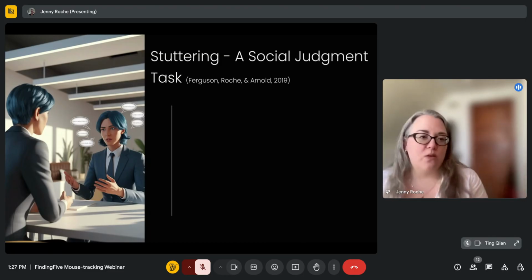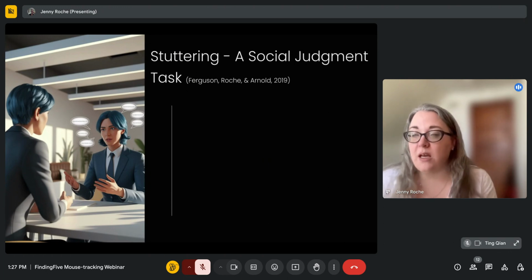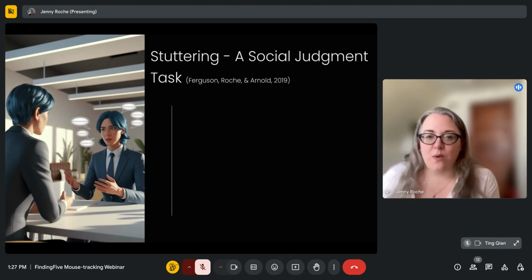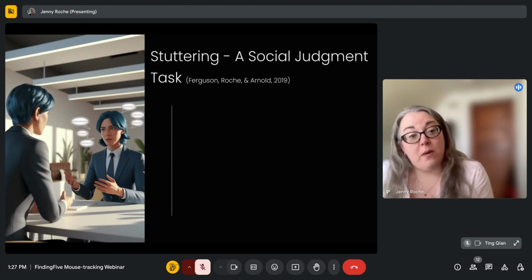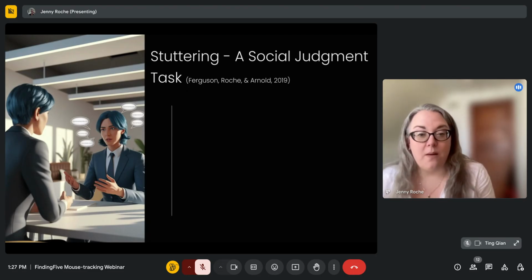There's a ton of data, 10 years worth of data saying, when you listen to stuttered speech from someone, people will rate them as less intelligent, nervous, less friendly, lots of different social categories. And so what we wanted to do is take some of these survey-based methods that they've used to assess social judgments about people who stutter and put it in a mouse tracking paradigm to see, well, I don't know, is there any way we can get people to stop doing this? Because there's nothing wrong with people who stutter other than they just have a fluency disorder that disrupts the things that they're saying.